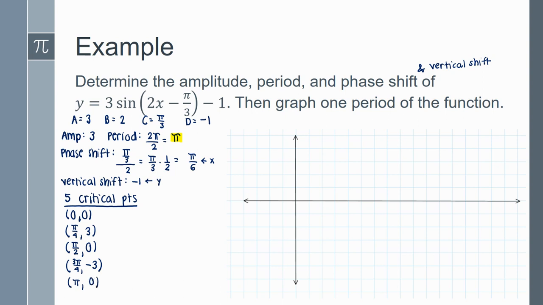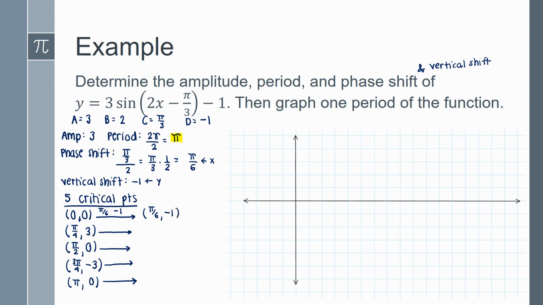Now, once again, those are not what I'm going to be plotting. I'm going to be creating my 5 new points based off of my phase shift and my vertical shift. So that means we are going to be adding pi over 6, because that's the phase shift, onto all the x values. And we're going to be subtracting 1 from all of the y values. So once again, notice how some of them, like the first one, 0 plus pi over 6 is pi over 6. So that isn't a problem.